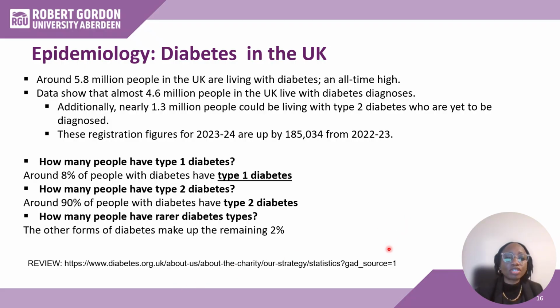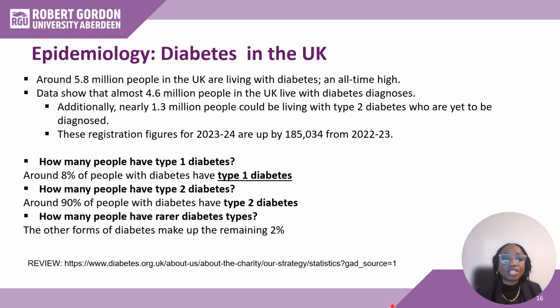So now I'll move on to diabetes in the UK. Around 5.8 million people are living with diabetes in the UK, and this is termed an all-time high. Data show that almost 4.6 million people in the UK live with a diabetes diagnosis, and around 1.3 million of these people could be living with type 2 diabetes but don't know.